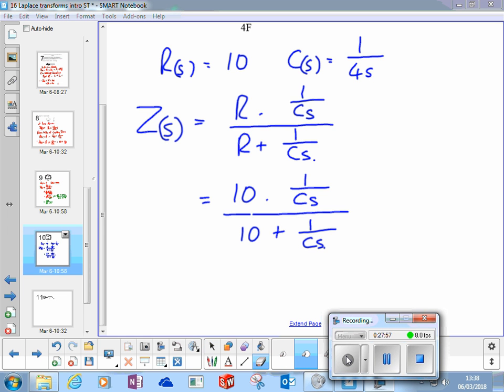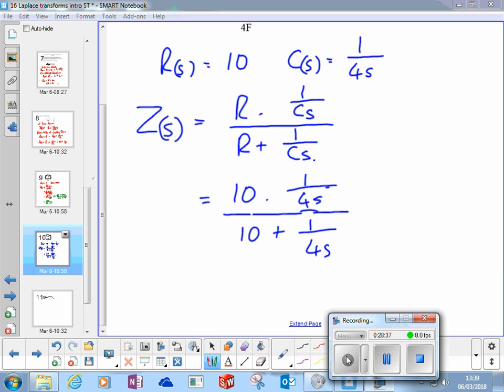Oh, hang on. Should have been putting numbers in here, shouldn't I? 4S and 4S. Right, Jack. Is that what you meant? Yeah, I can see how that's confusing. Sorry.